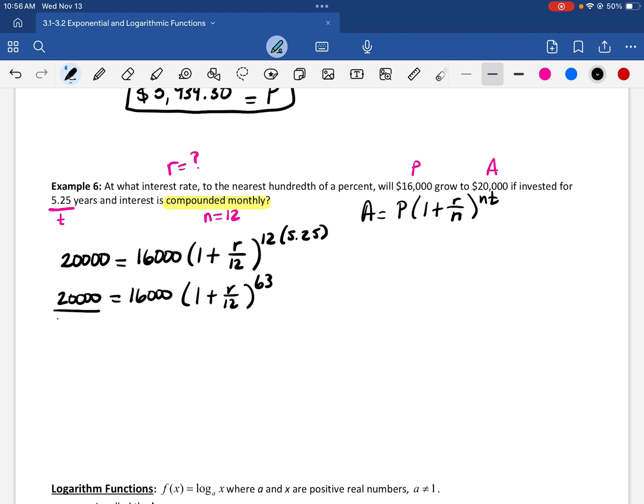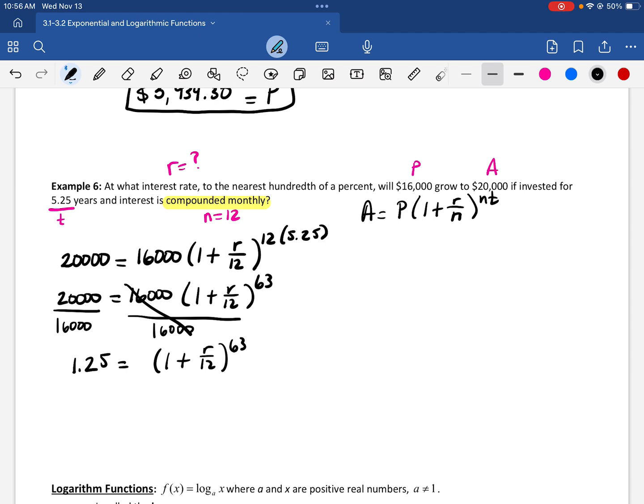I'm going to divide by 16,000, because again, our goal here is to get that R by itself. So 20,000 divided by 16,000 is 1.25. Now at this point we have 1.25 equals all this stuff here raised to the 63rd power.